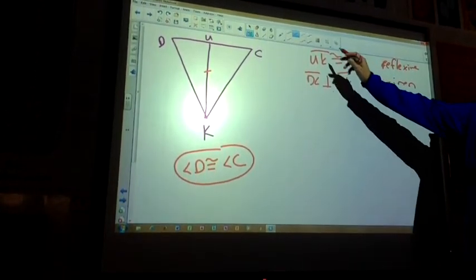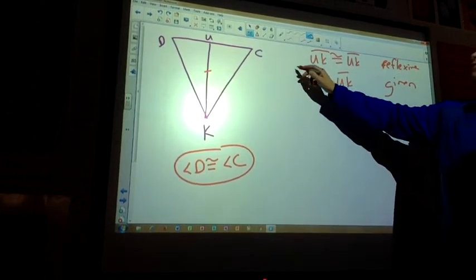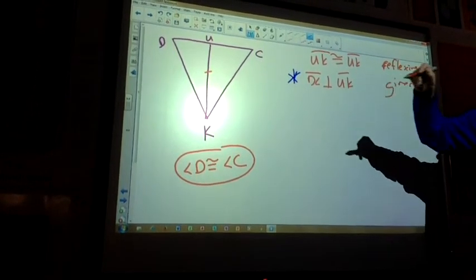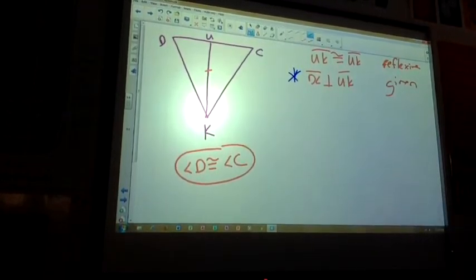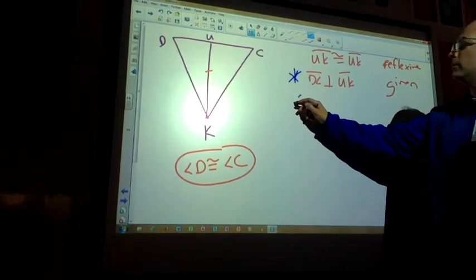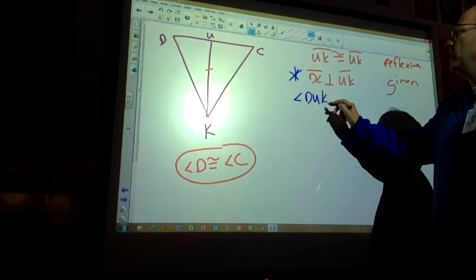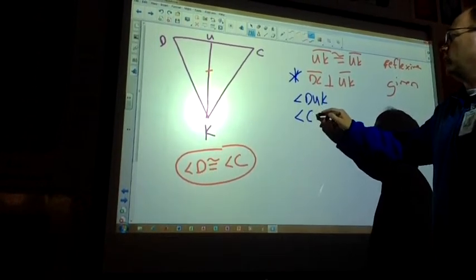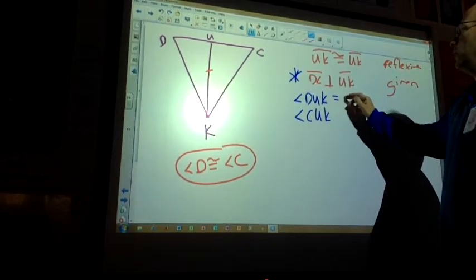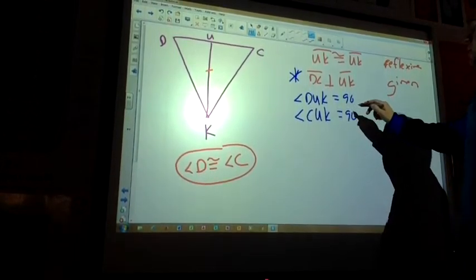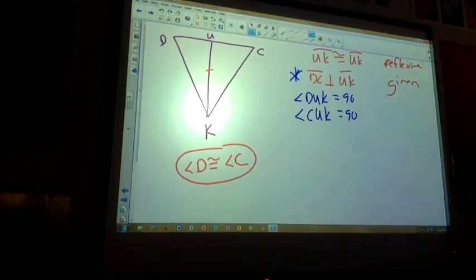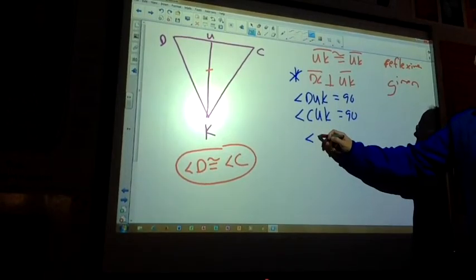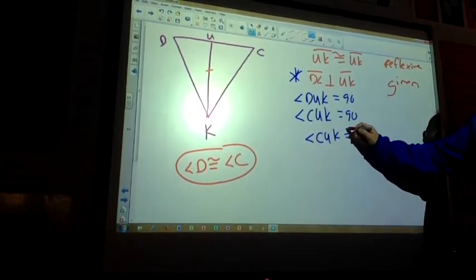Good. All right. Also, because we know this, what can we start stating? Obviously, if they're perpendicular, what can we say? Yeah, so angle DUK and angle CUK are equal to 90 degrees, which means you could get to CUK is congruent to DUK.